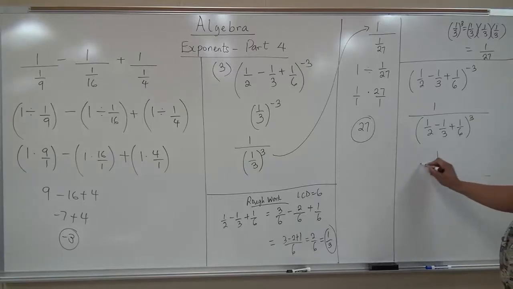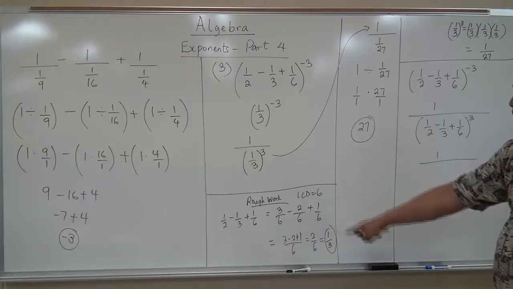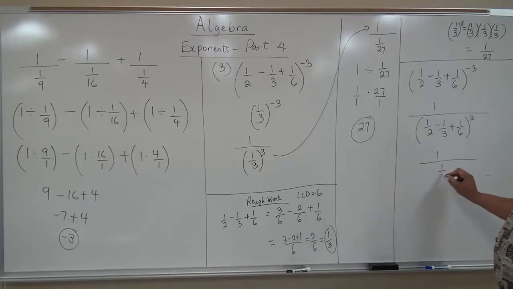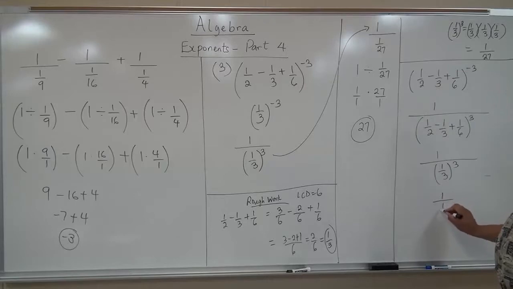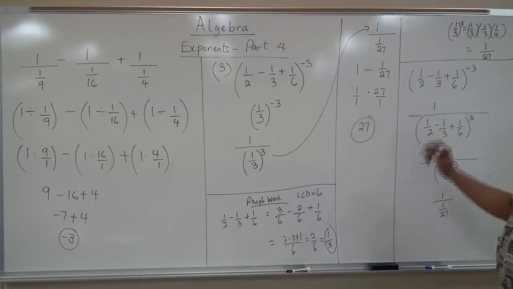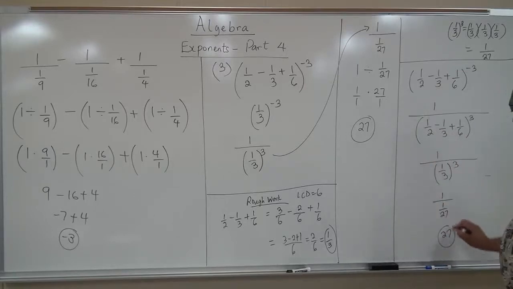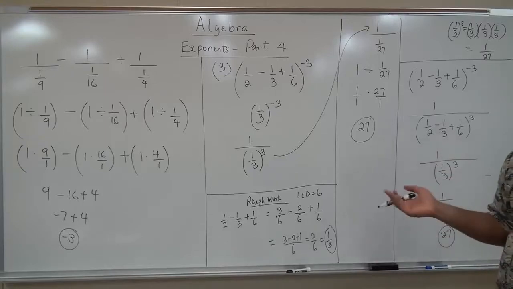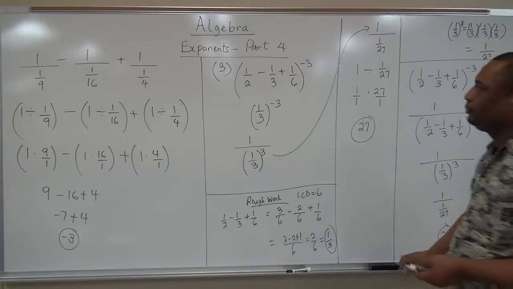And this becomes 1 over, then you do this, 1/3 all cubed. That gives us 1 over 27, and of course that gives us 27. So which way you want is up to you.